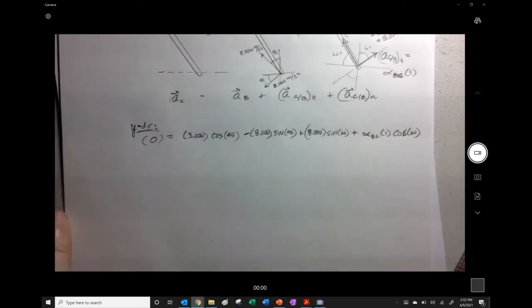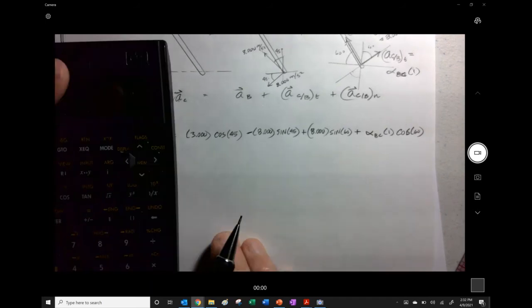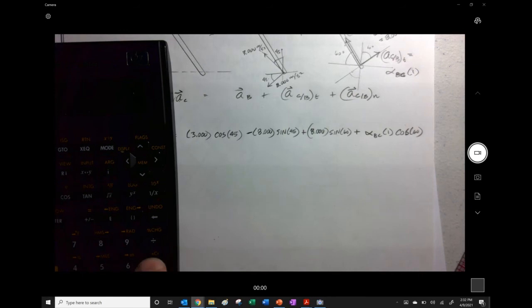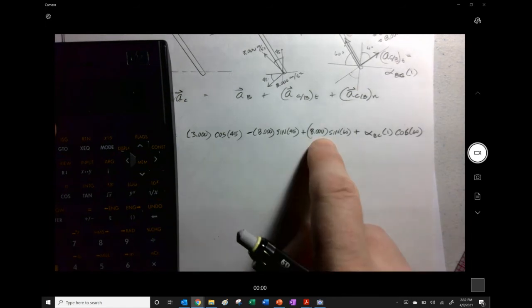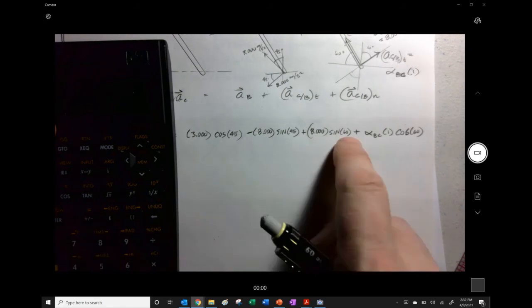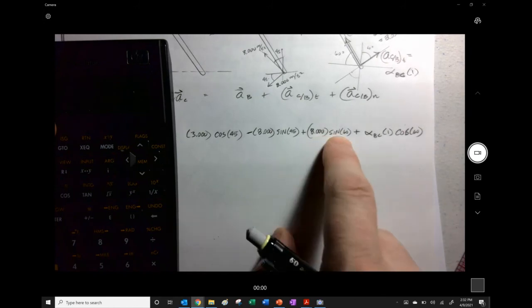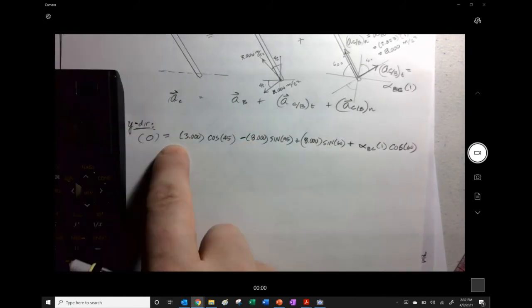Right, so calculating this thing out, we get 3 times cosine 45, that's positive, and I have 8 times sine 45, and I'm going to subtract that out, and then I have 8 times the sine of 60, and I'm going to add that, so I get a positive value for all of these.